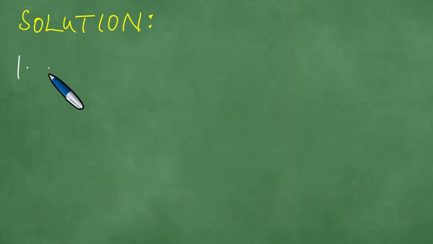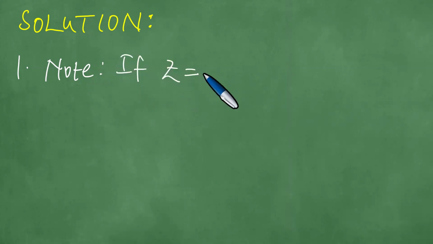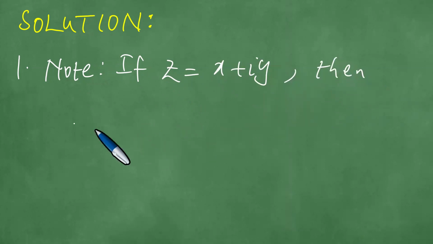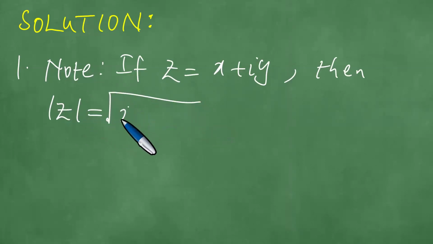So we need to note that if z is x plus iy, and this is a complex number, then by definition the modulus of z is the square root of x squared plus y squared.